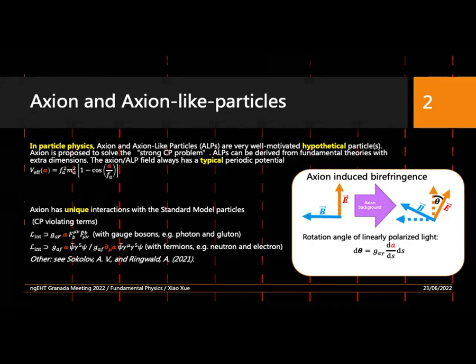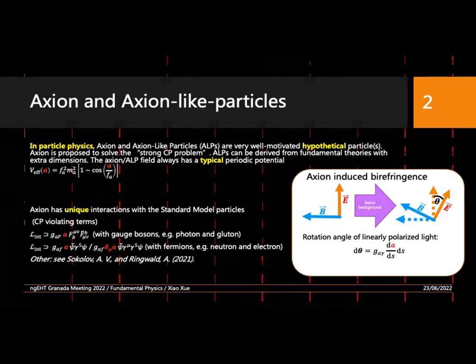It means that many theorists believe they exist, but right now they haven't been found. The axion was first proposed to solve the strong CP problem. On the other hand, axion-like particles can be derived from fundamental theories with extra dimensions.